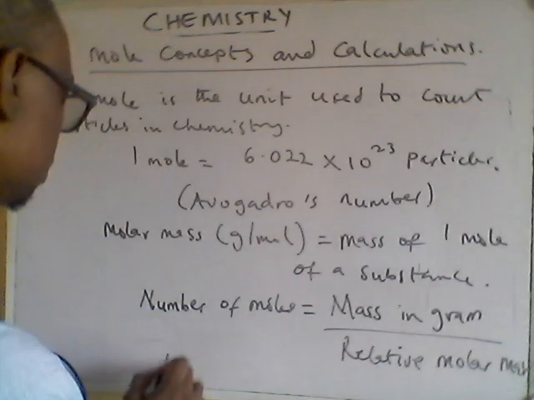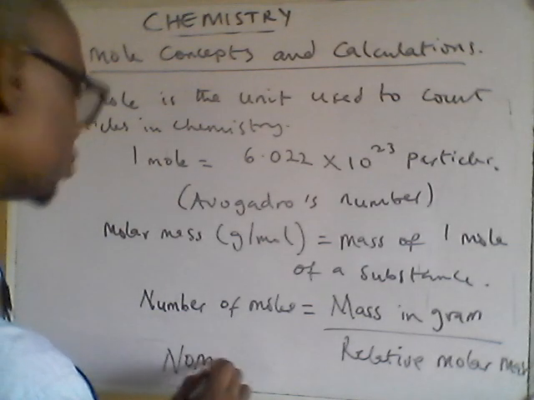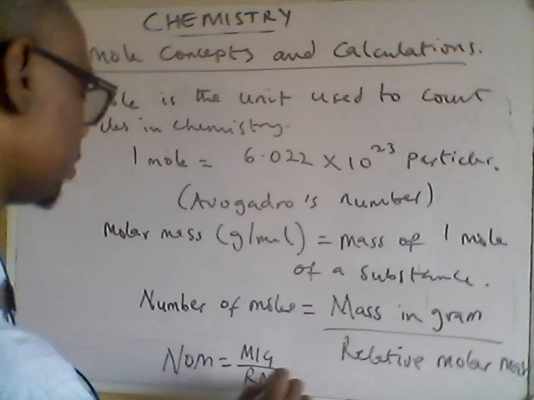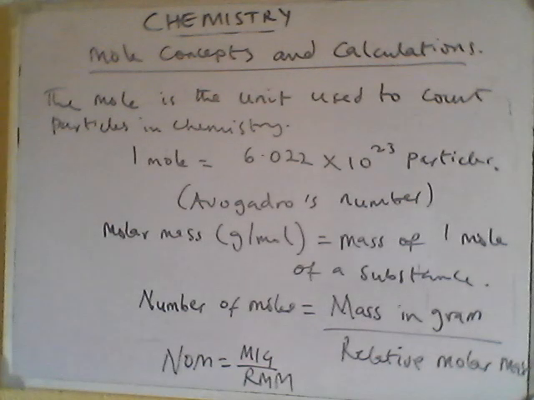So you can just say num is equal to m in g over RMM. Just for you to remember this. Num is number of moles, equal to mass in gram over relative molar mass. Relative molar mass is actually a constant for all the elements. It will be given in your question.